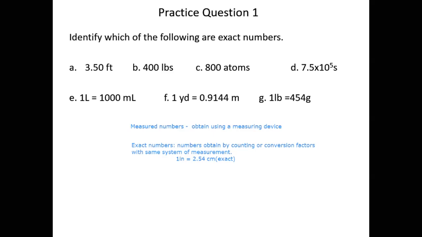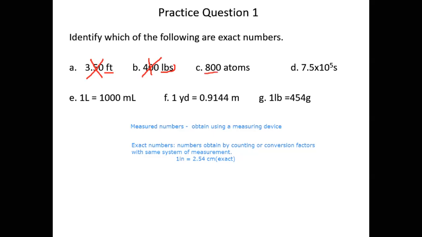So here we have 3.50 feet. Since we're measuring feet, feet is a measured quantity, so this would be a measured number. It would have 3 significant figures. 400 pounds, since pounds is a measured quantity, then this 400 pounds is a measured number.